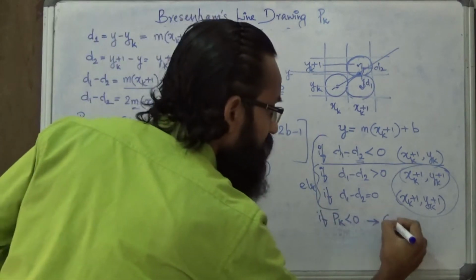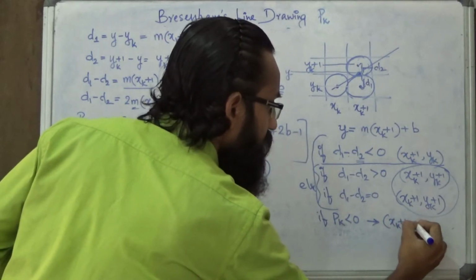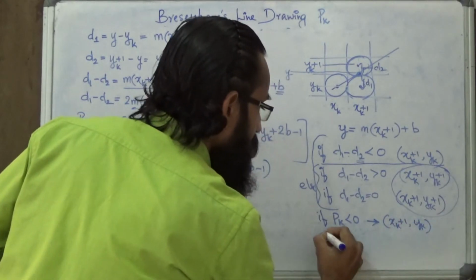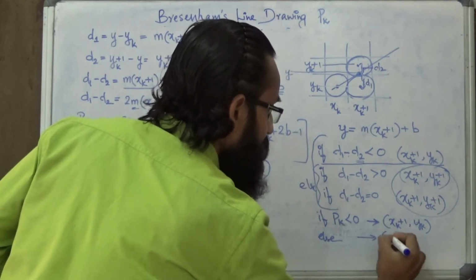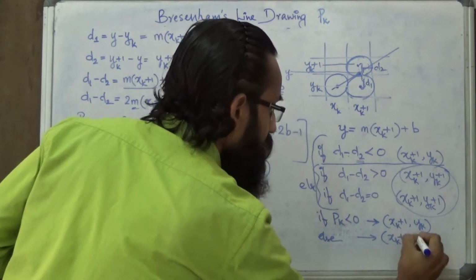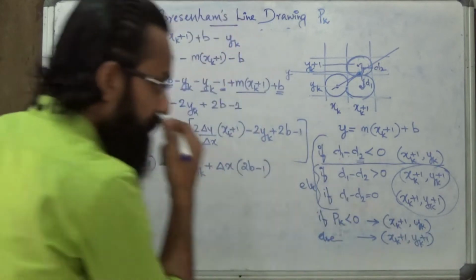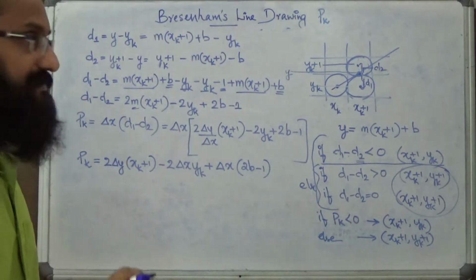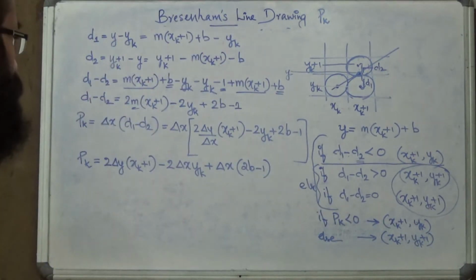So the pixel selected will be (xk+1, yk). Else the pixel selected will be (xk+1, yk+1). So that is the basis of this Bresenham's line drawing algorithm.